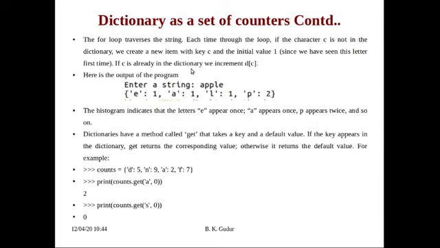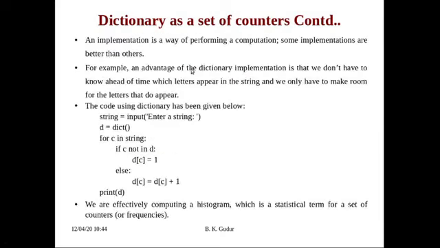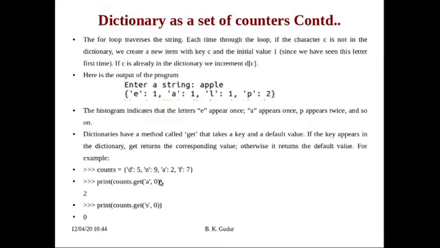If C is already there in the dictionary, we increment its value. And here is the output that we have seen for Apple. The histogram indicates that the letter E appears once, A appears once, similarly P appears twice, and so on.